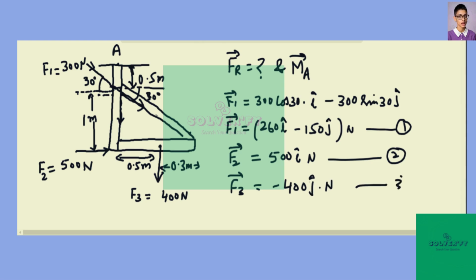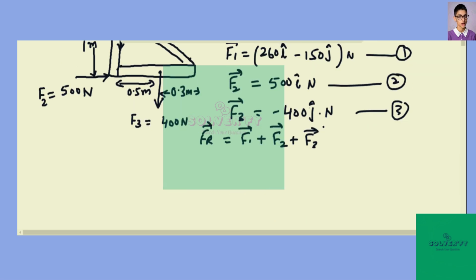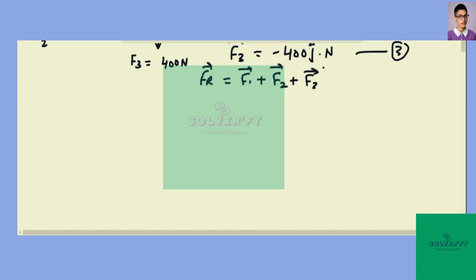So this is the third. The resultant force on the frame will be the vector addition of F1 plus F2 plus F3. Now substitute the values of F1, F2 and F3 and you will get the resultant force on the frame.